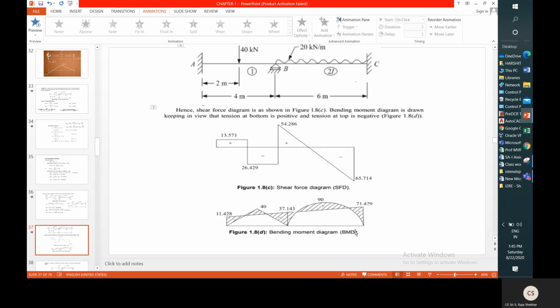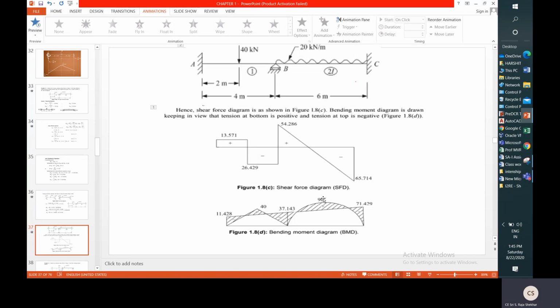After that, you draw the positive bending moment due to the applied load. You draw the bending moment diagram for the applied load. So this is WL by 4, that means we are getting 40.